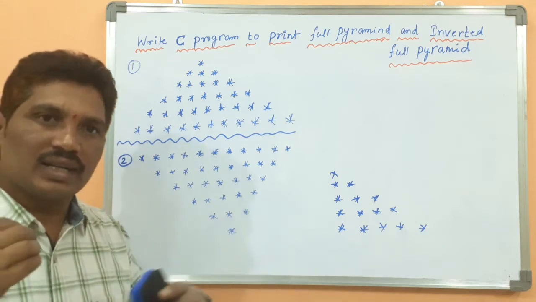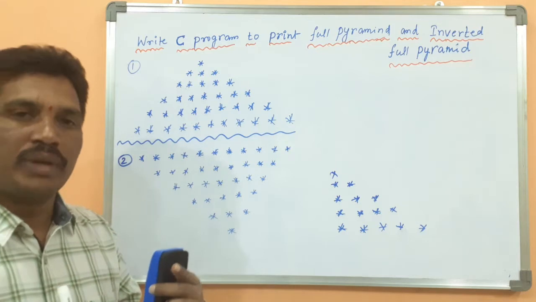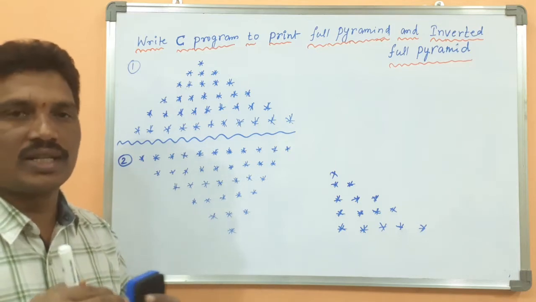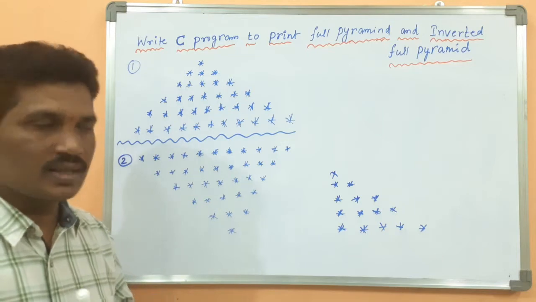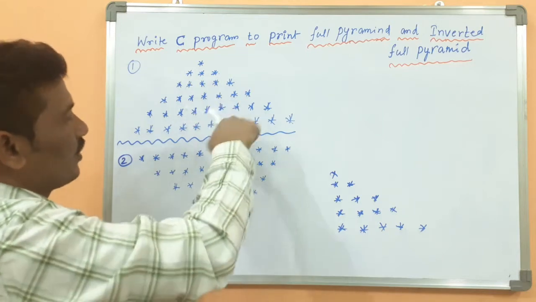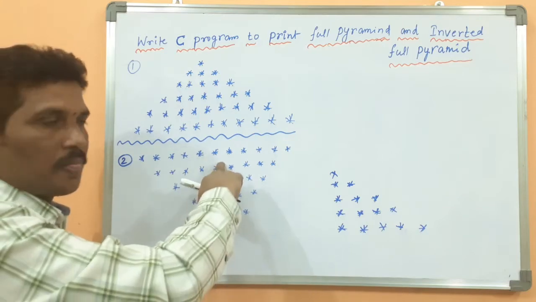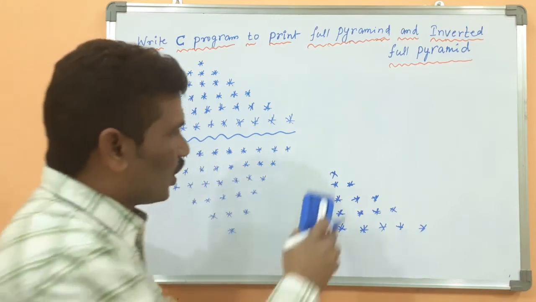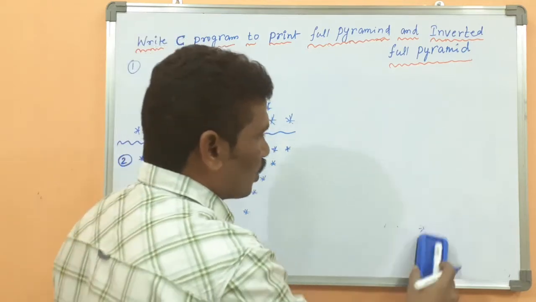If you add 2 extra stars each time, it will come in pyramid shape. Otherwise, it does not display the stars in pyramid shape. If you know this logic, you can easily write the program. How is it possible to solve this kind of problem in C programming?